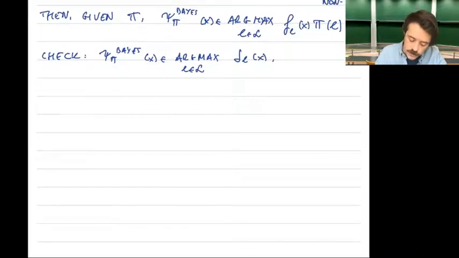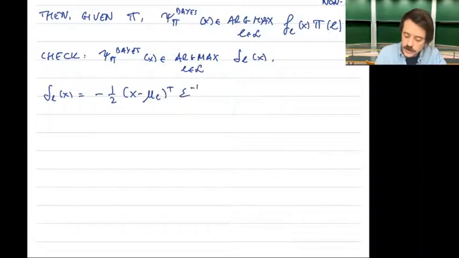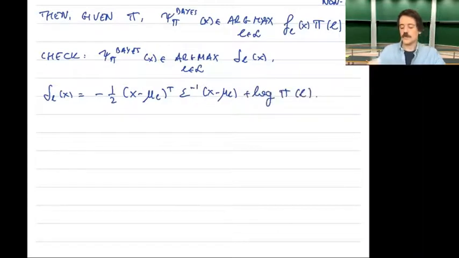The discriminant function is given by -1/2 (x minus mu L) transpose sigma to the -1 (x minus mu L) plus the logarithm of this guy. This should be clear from taking logarithms and so on.